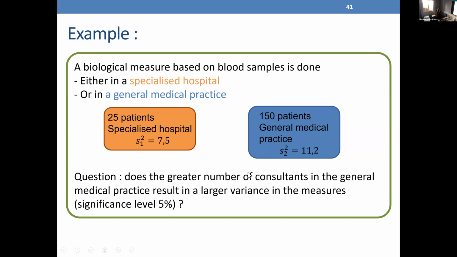Question: does the greater number of consultants or doctors in the general medical practice result in a larger variance in the measures? So here, you see, we don't want to know whether the mean cholesterol is higher in the general practice than in the other one. We want to know whether the variability, maybe because they have more people taking the samples, is the variance larger in the general medical practice compared to the specialized hospital?